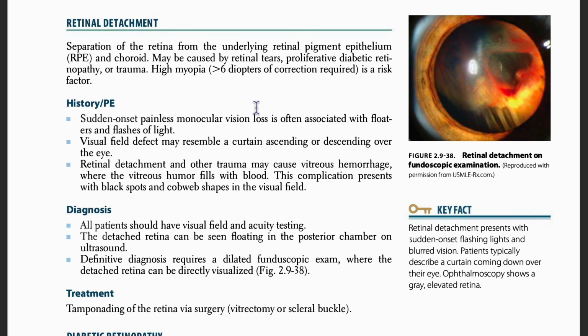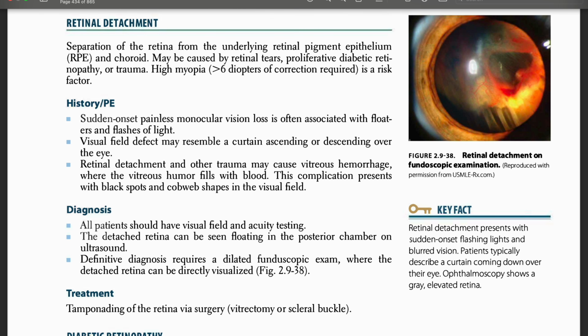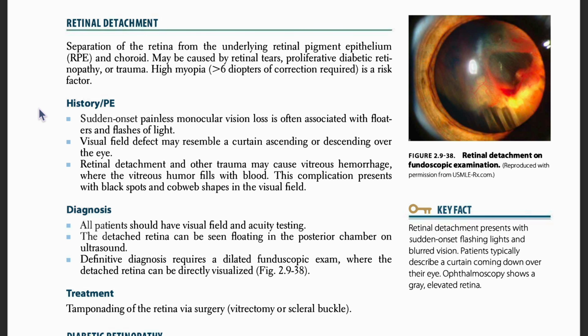So separation of the retina from the underlying retinal pigment epithelium and choroid may be caused by retinal tears, proliferative diabetic retinopathy, or trauma. High myopia, more than 6 diopters of correction required, is a risk factor. History and physical examination.